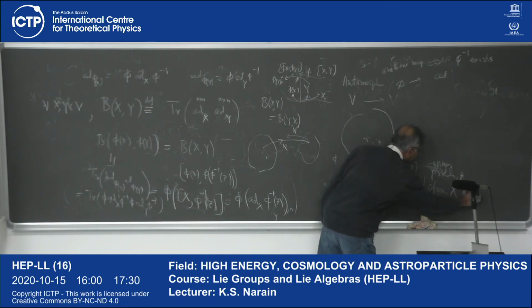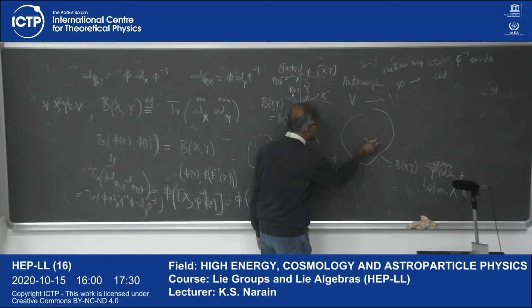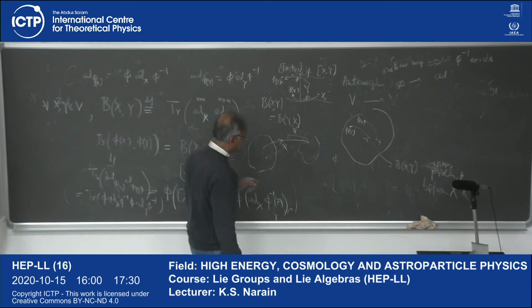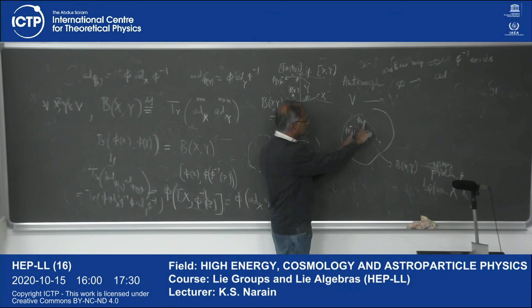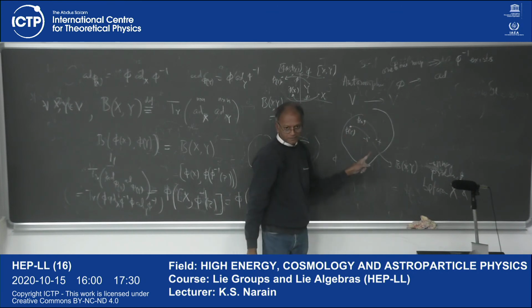Now, phi is an automorphism. So phi takes x to some point phi of x, and phi takes y to some point phi of y. Now, what this equation is telling is that the inner product between these two is the same as the inner product between these two. That is the point.